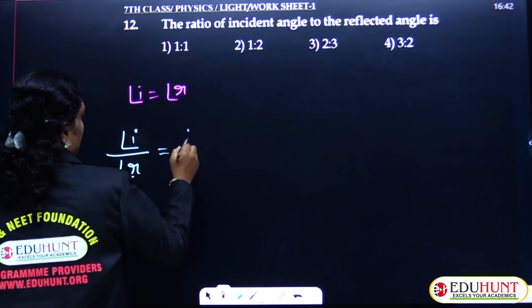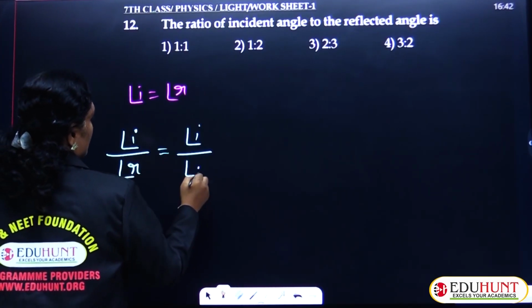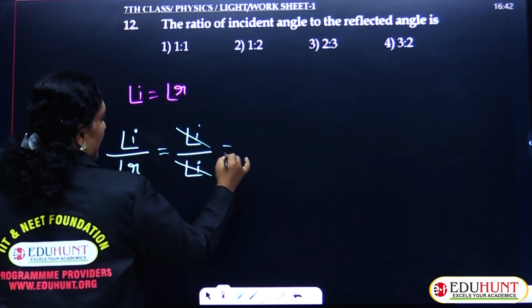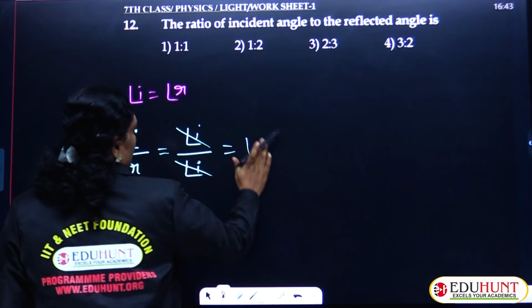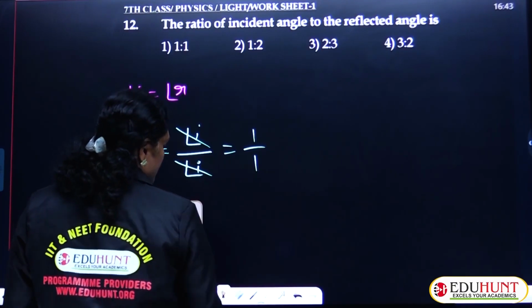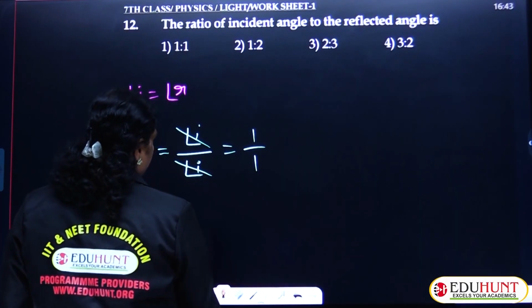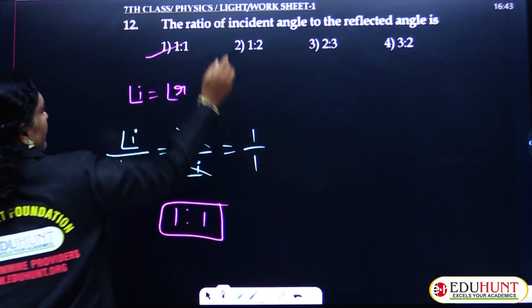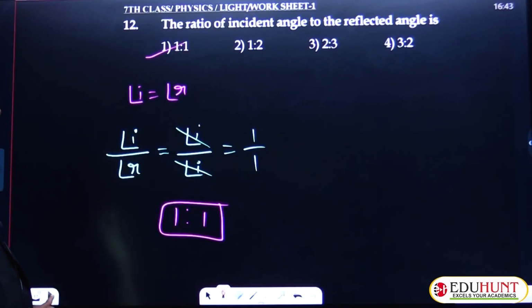As I is equal to R, R can also be replaced as I, same values, so it becomes 1 upon 1. Hence the answer must be 1:1. Clearly the first option, 1:1.